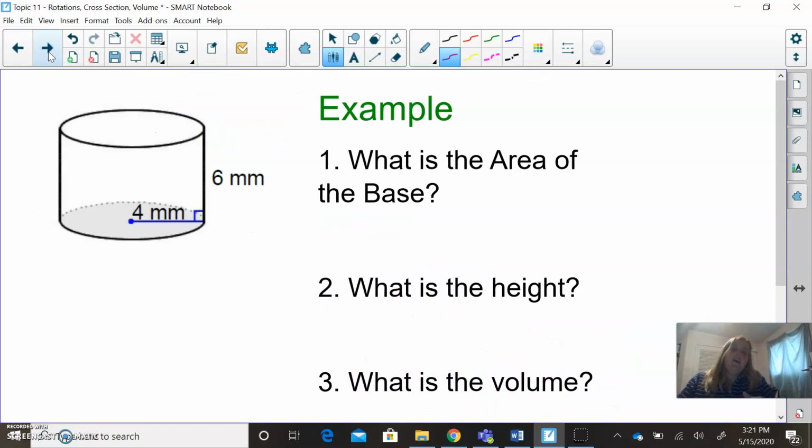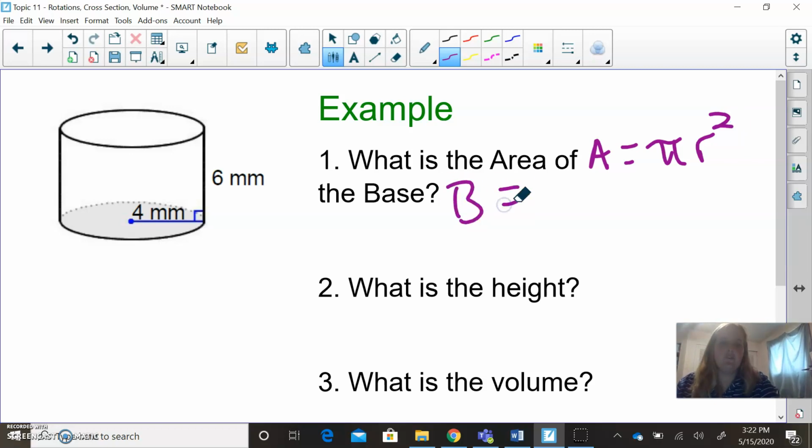What is the area of the base? So, the area of the base, remember this is a circle, right? This is a cylinder. So, we got to use the area equals pi r squared formula, because it's area of a circle. And so big B is equal to pi r is 4, okay, and I'm pulling that from right there. So r is 4 squared.